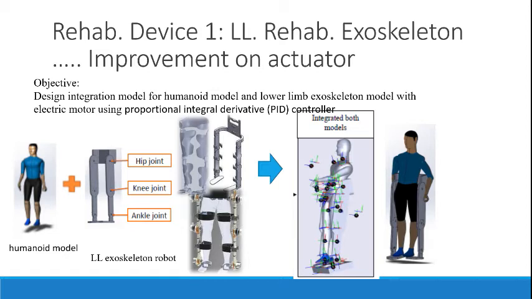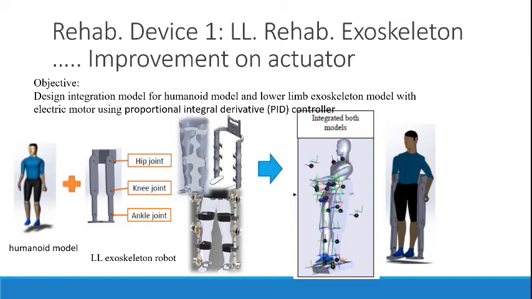The design integrates a humanoid model and a lower limb exoskeleton model with electric motors using PID controllers. The first prototype used simple control, while the second prototype uses PID controllers.